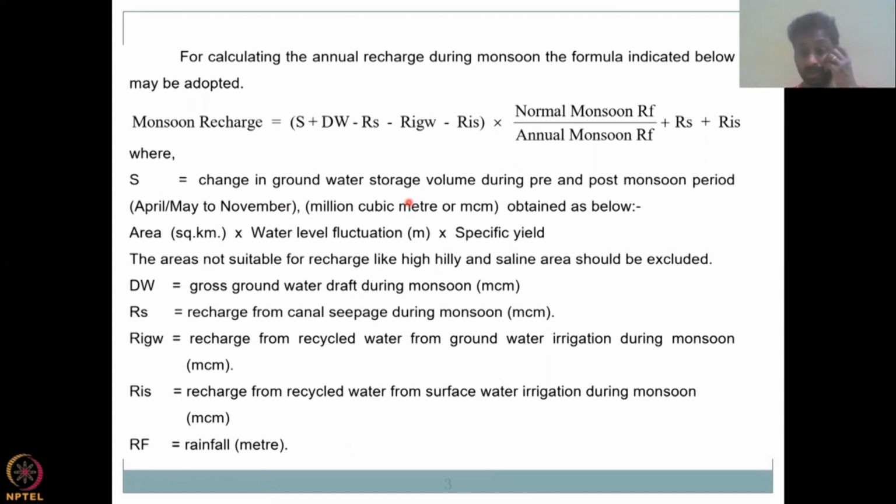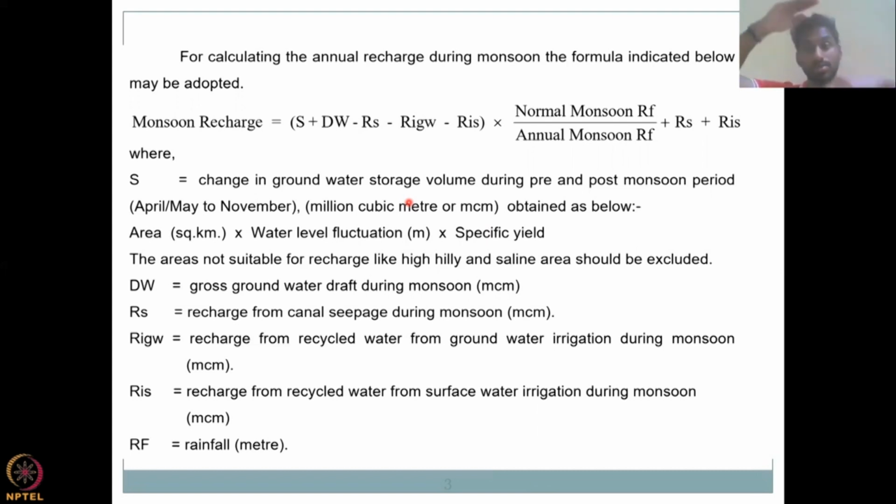This is the typical monsoon period, JJAS, June, July, August, September rainfall, and then post-monsoon is November. So what is the change between the pre-monsoon and post-monsoon? Pre-monsoon, the groundwater level is low. Post-monsoon, the groundwater level will be high because of rainfall, recharge, etc.